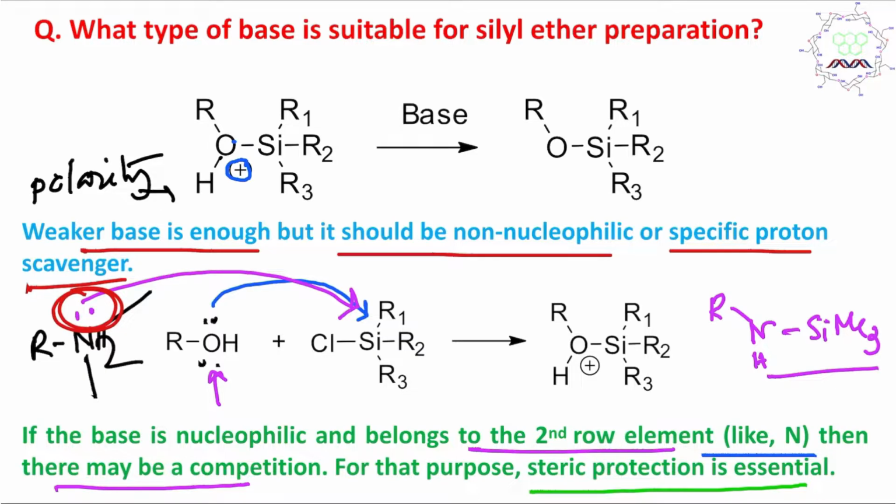I shall give some examples. In this case a specific proton scavenger is needed, meaning the base specifically abstracts a proton and cannot act as a nucleophile. That's why the term non-nucleophilic or specific proton scavenger is used, and that is achieved by this steric protection.